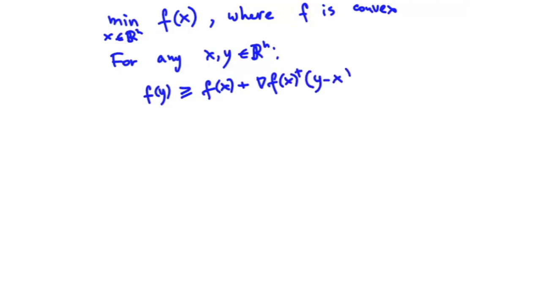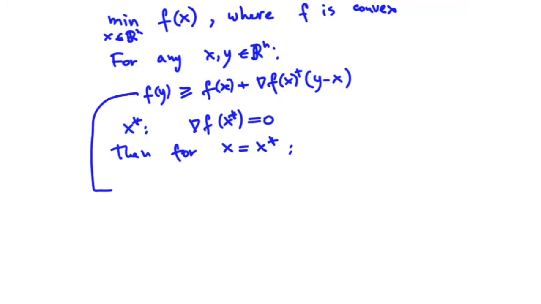times y minus x. If I find a point x star such that the gradient of f in x star is equal to 0, then for x equal to x star, from this expression here I have f of y is greater than or equal to f of x star, and then here I'll have plus the gradient of f in x star, and the gradient of f in x star is 0, so that's it, right?